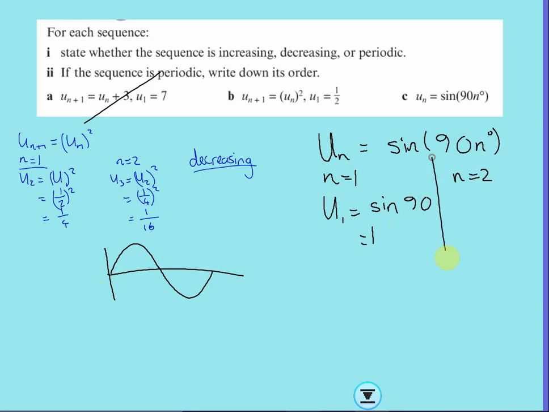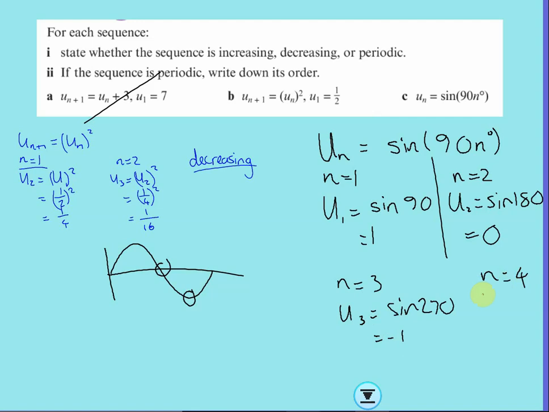When n is 2, we get the second term, sine of 90 times 2, sine 180, and we're at 0. When n is 3, the third term is sine of 90 times 3, which is sine 270, so we're at minus 1. And when n is 4, the fourth term is sine 360, and we get to 0 again.